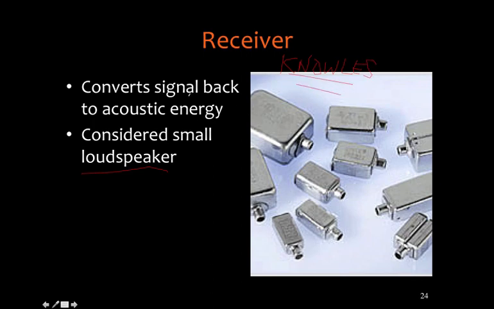And regardless of whether this is acoustic or a digital processor, for an air conduction type of hearing aid there's always going to be a need to convert that signal back to acoustic energy, and that is the function of the receiver in a hearing aid.